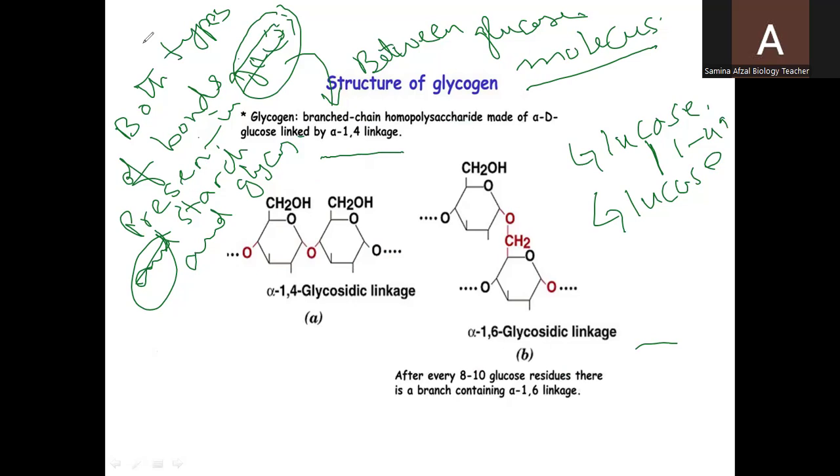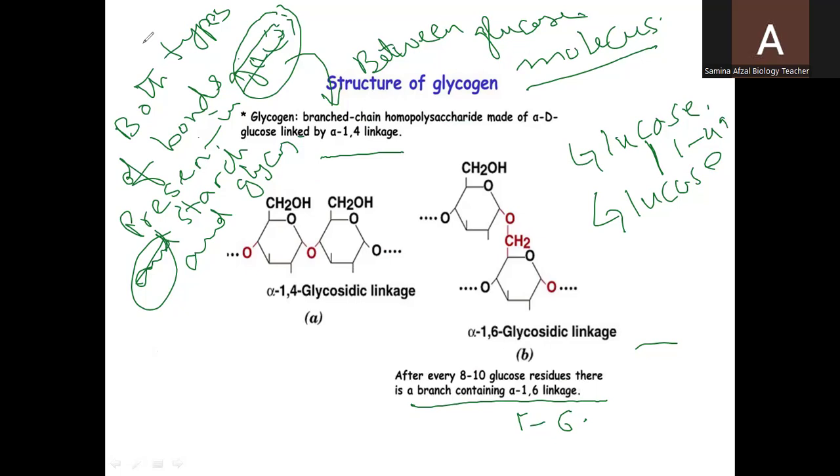But glycogen is more branched in comparison to amylopectin or starch. So after every 8 to 10 glucose residues, there is a branch containing a 1,6 glycosidic linkage. If we compare them, both of them provide energy, starch to plants, glycogen to animals.